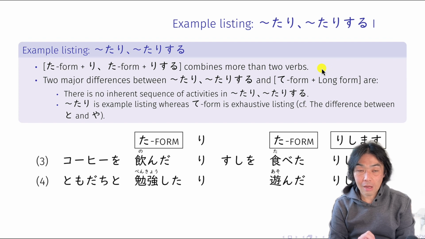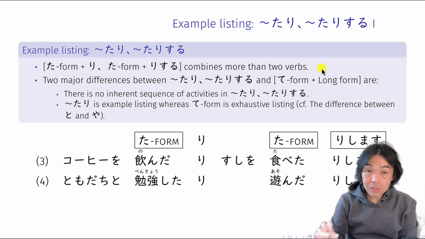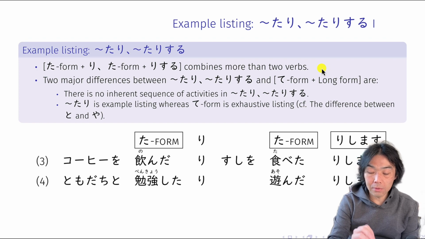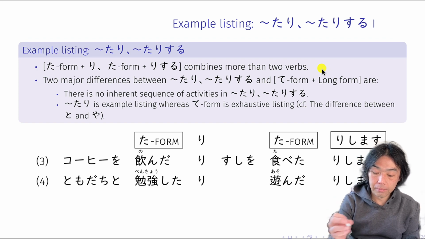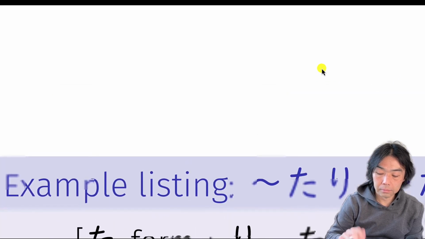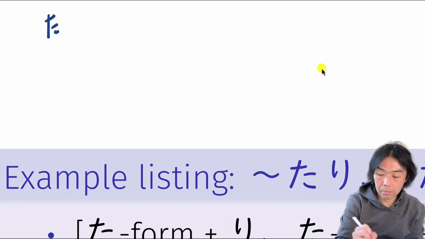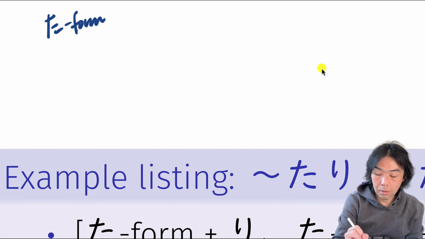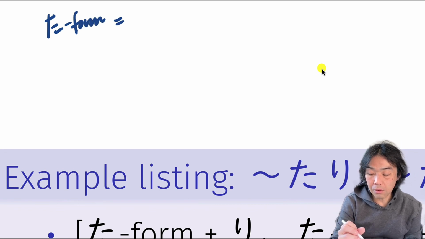So what is ta form? Ta form is very simple. Ta form is also known as a plain past affirmative.